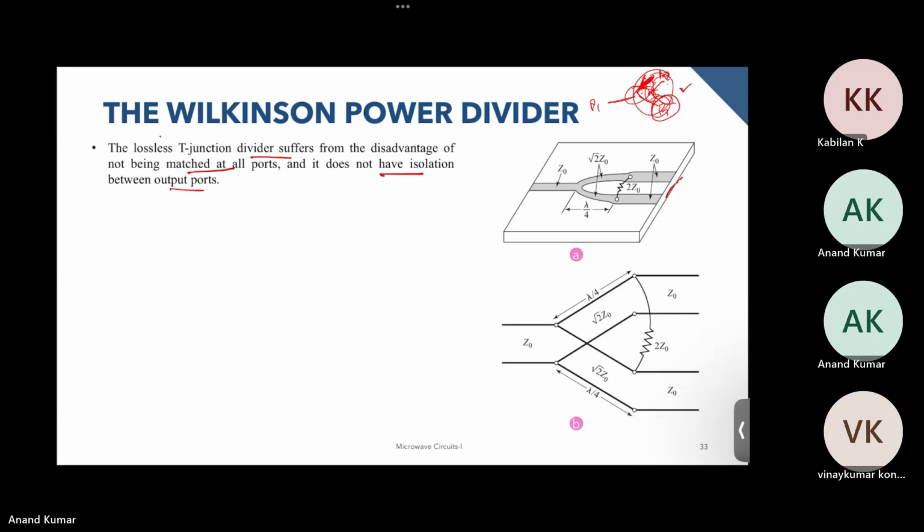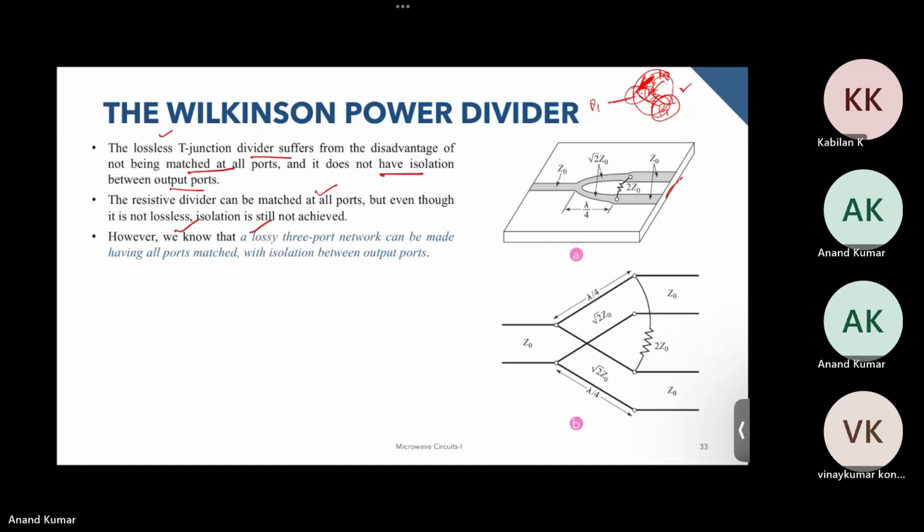So we want something in between, and the resistive divider had matching. In the resistive divider, we achieved one thing, that it was matched at all ports, but although it was not lossless, we did not achieve isolation between the ports.